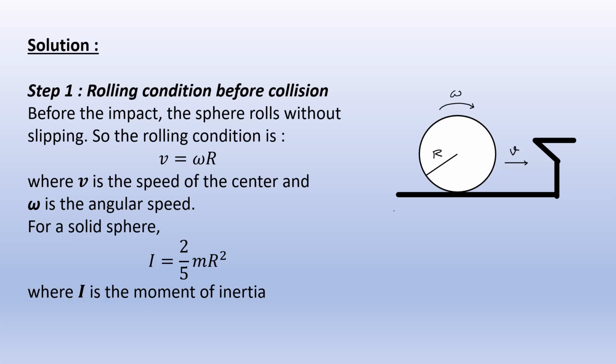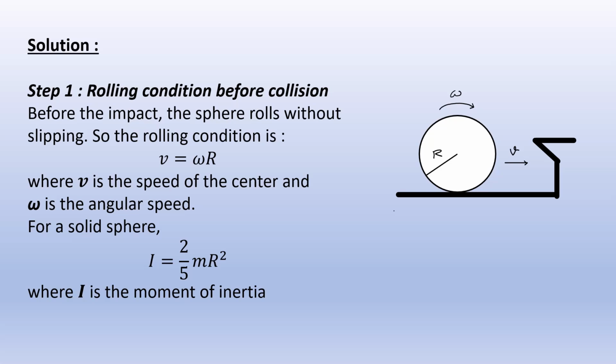Physically, it means the point of contact with the ground is instantaneously at rest relative to the surface, and therefore there is no slipping. Now, since the body is a solid sphere, its moment of inertia about the center is I is equal to 2 upon 5 into m into r square, where m is the mass of the sphere.